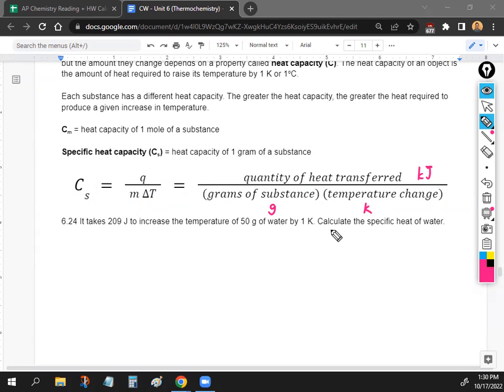So specific heat has a unit of measurement of kilojoules or joules divided by grams and Kelvin or Celsius. Now I want you guys to use this equation to solve problem 6.24 and find the specific heat of water.